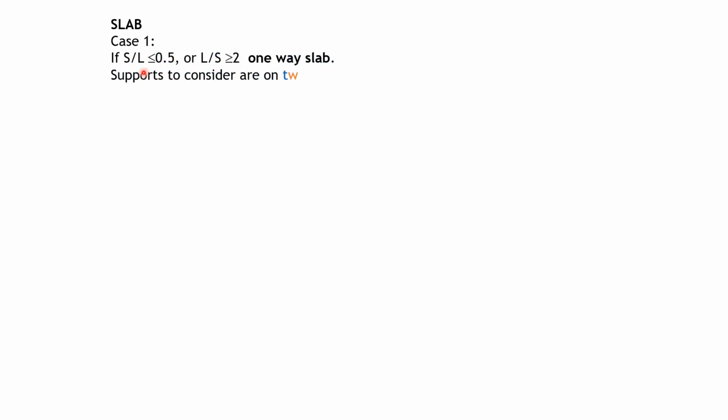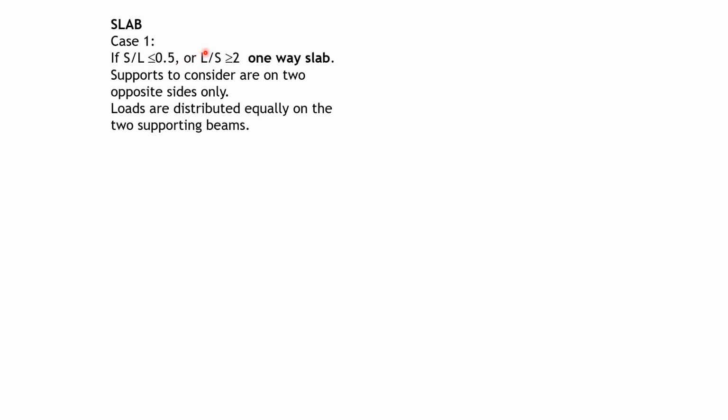So slab case 1, when short span over longer span is less than or equal to 0.5, or if you get the reciprocal, the long span divided by S, short span, is greater than 2, then it is considered one-way slab. So supports to consider are on two opposite sides only.